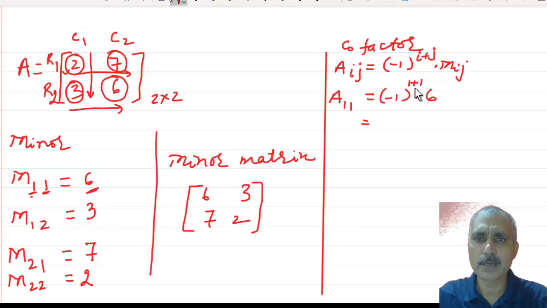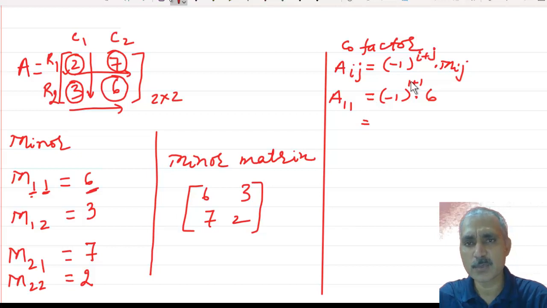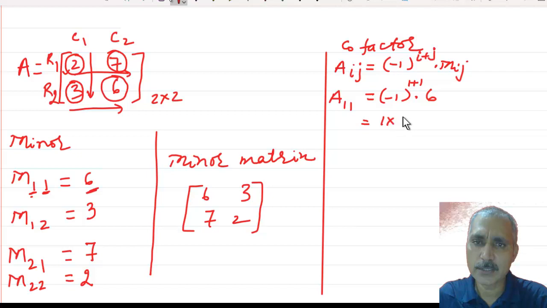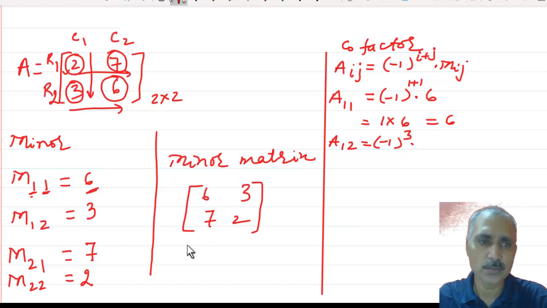Whenever we have an even power of minus 1, the answer is going to be 1. If it is an odd power, the answer of minus 1 raised to an odd power is going to be minus 1. So it is going to be 1 into 6, that is 6. Now similarly A12 is minus 1 raised to 1 plus 2, which is 3, into M12, which is 3.